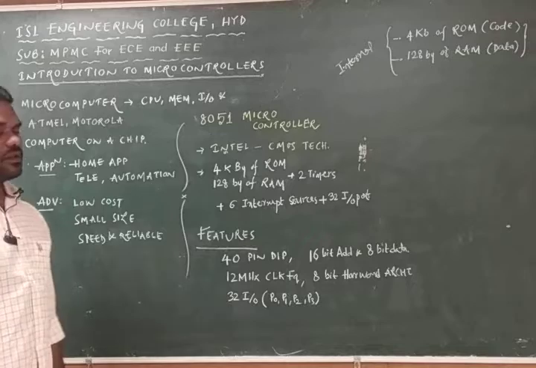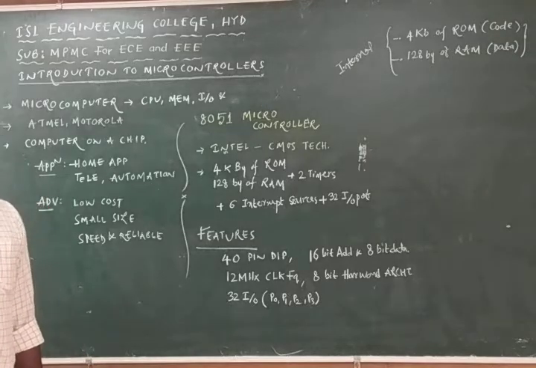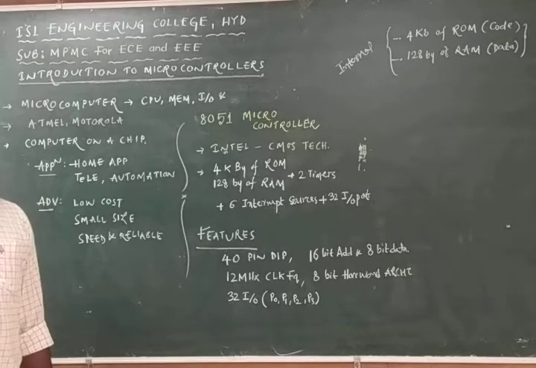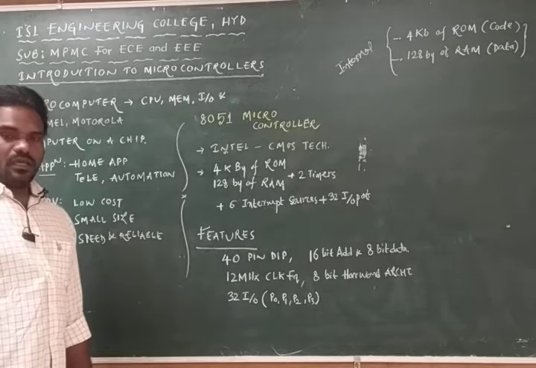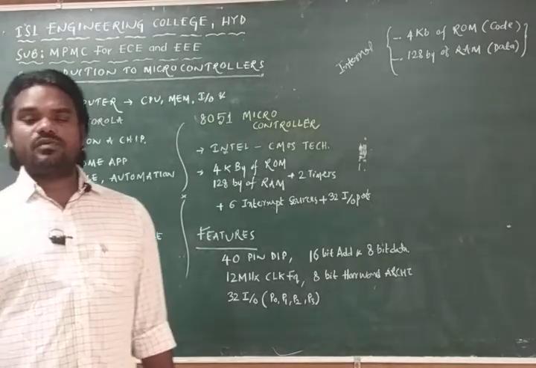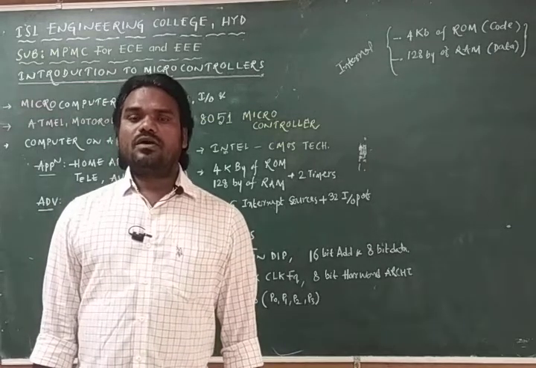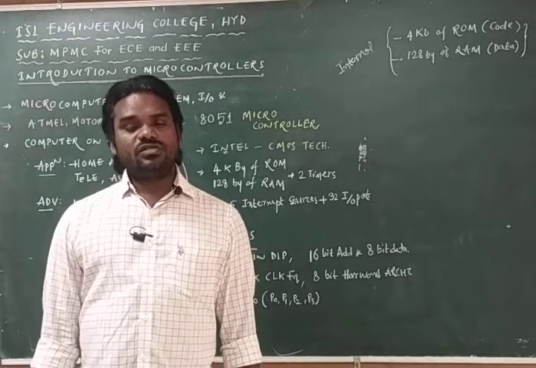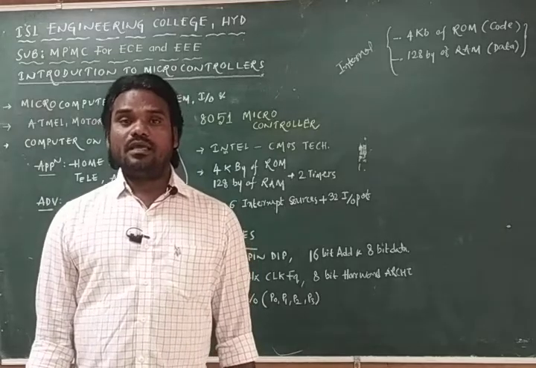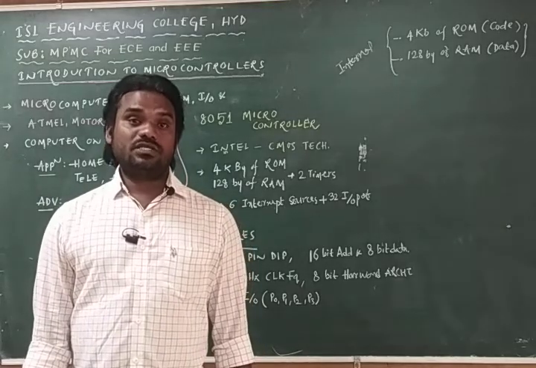By the name, we can say that it is a controller which is small in size. Micro means when a device is small in size, we can call it micro. A microcontroller is a device which is going to control the devices which are connected to it.